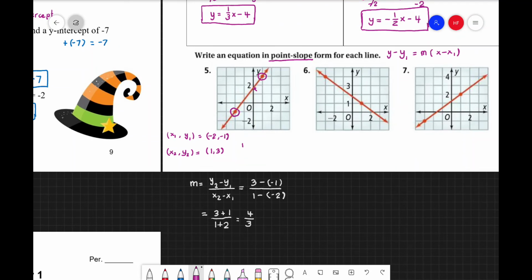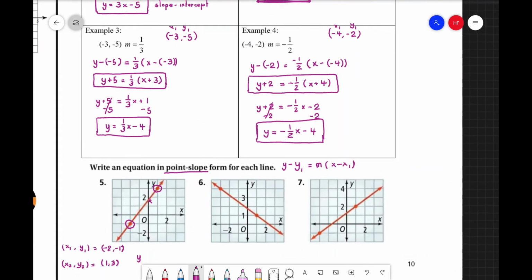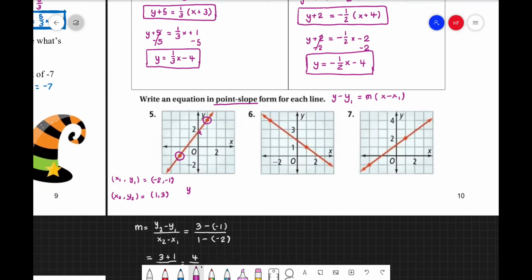And so when I'm writing my equation in point slope form, it doesn't matter which point I pick. So I'm going to pick the first point. Actually, I'll pick the second point so I can show you what it looks like when we're dealing with both positives, since on examples 2, 3, and 4 we had both negatives.